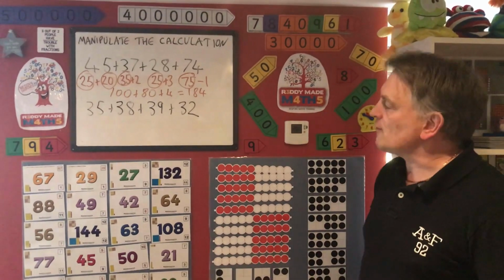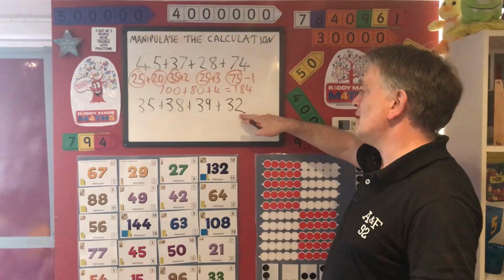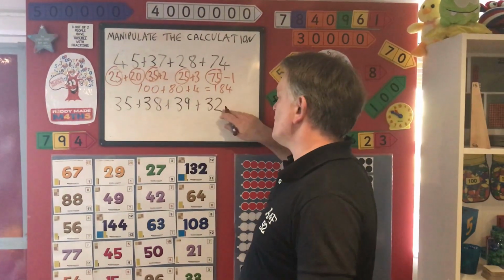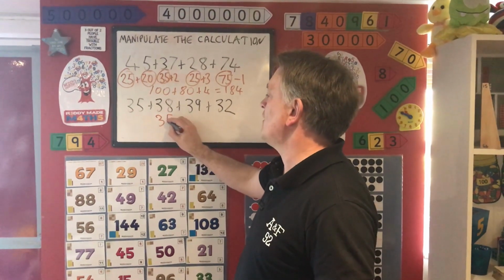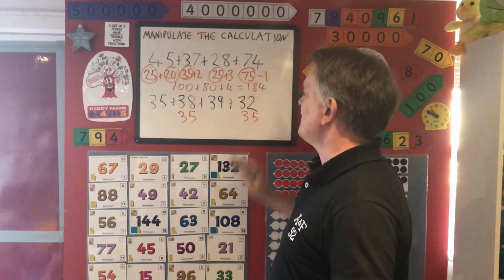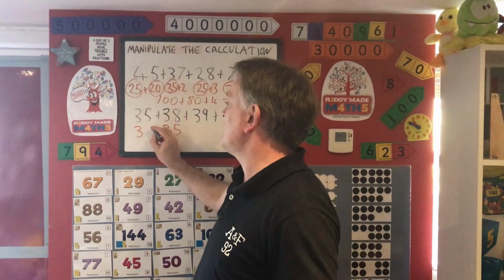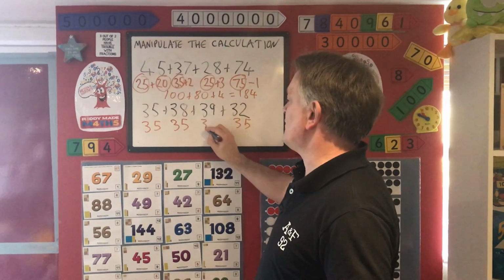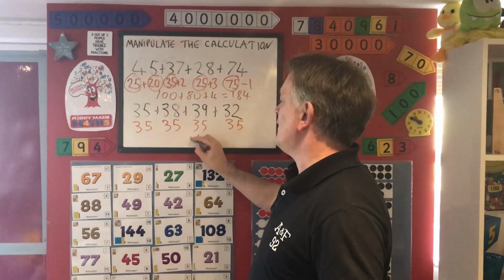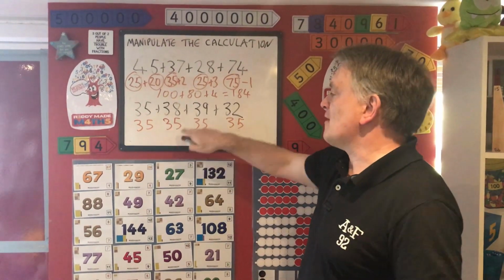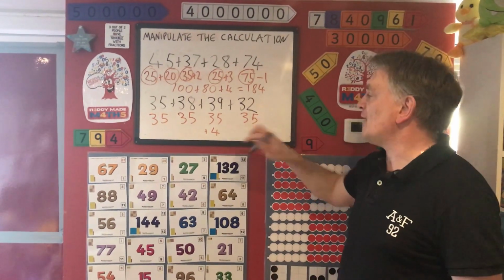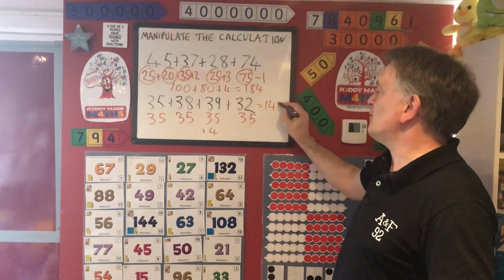Well, let's first of all pass 3 from 38 to 32. If I pass 3 over there, that becomes 35. That also becomes 35. We have a 35 here, and we've got a 35 plus 4 here. 35, 70, doubled is 140, add 4 equals 144.